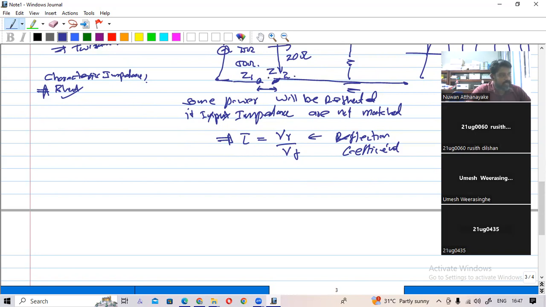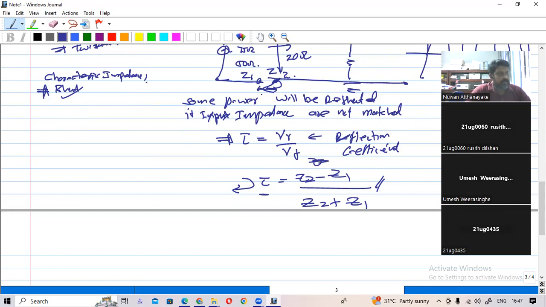The reflection in this direction can be expressed as Z2 minus Z1 divided by Z2 plus Z1. So this reflection happens due to the mismatch of the impedances. If we have the same impedances, this will be zero, so there is no reflection.